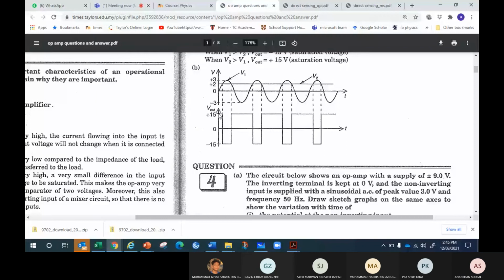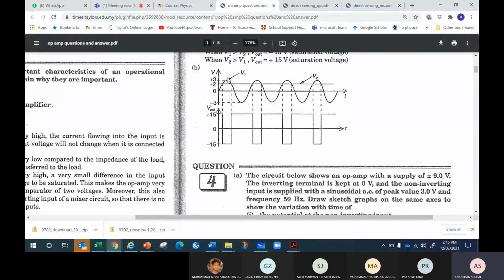Because positive 2 is greater than the sine voltage, which is only rising, before it becomes 2 volt the positive is the winner, so the output is positive 15. In the next region, the sine becomes greater than the flat line.